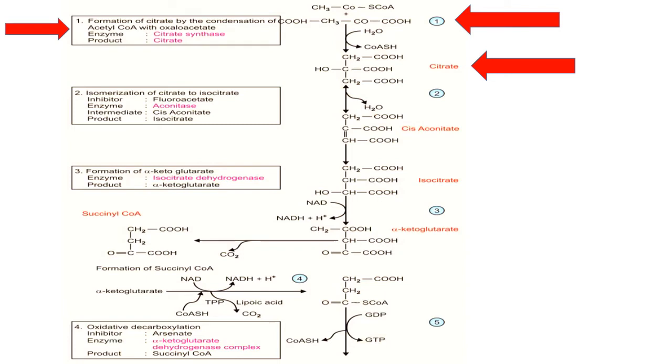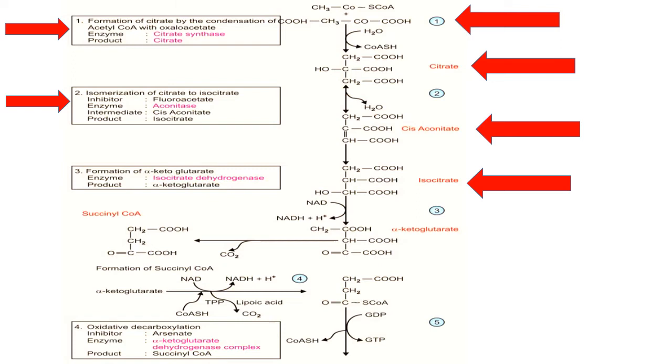In the next step, the citrate is converted into cis-aconitate, and the enzyme required during this reaction is aconitase. This cis-aconitate is an intermediate, and it is converted into isocitrate. So this is the completion of the second step: citrate is converted into isocitrate.